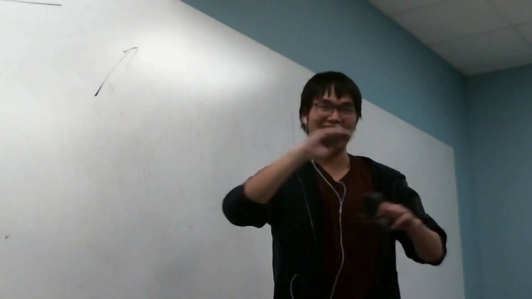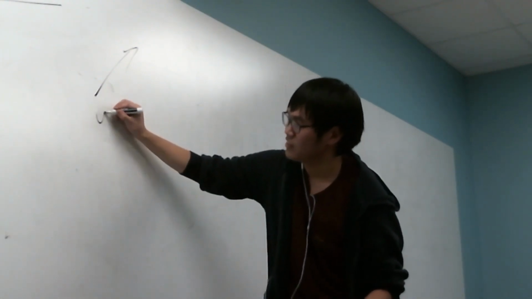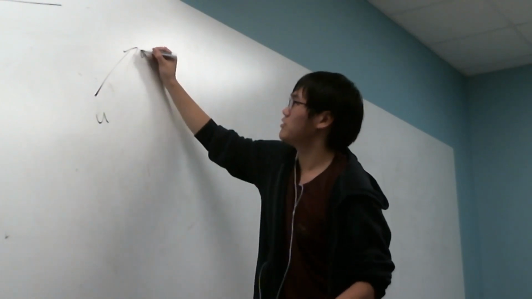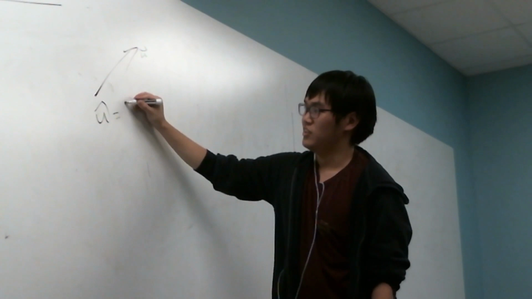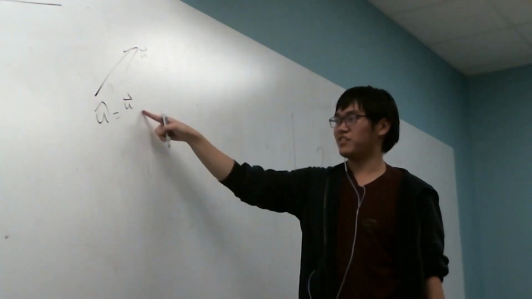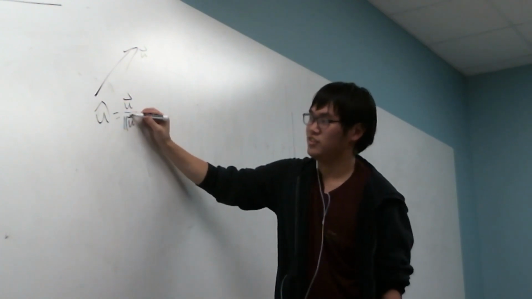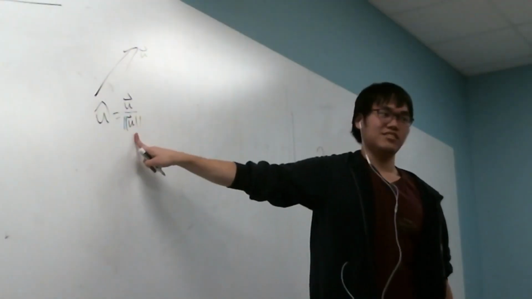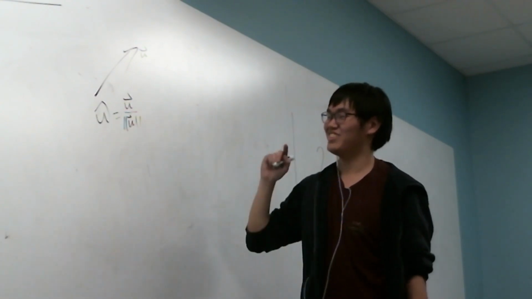We don't care about the length at all, we just want its direction. Let's say you have a vector u, and we want to turn this into a unit vector. What we do is we take the vector and divide it by its length. Hopefully that makes sense.